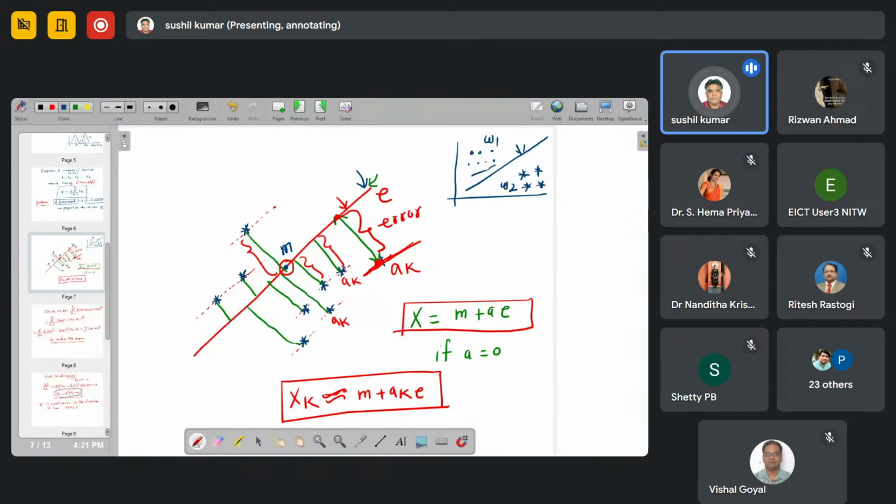You have points at this place, and you have points at this place. Somehow we have done this calculation. We have calculated the margins here, and through those margins we have drawn one line. The direction of this line is E, and then I will project all the points onto it.